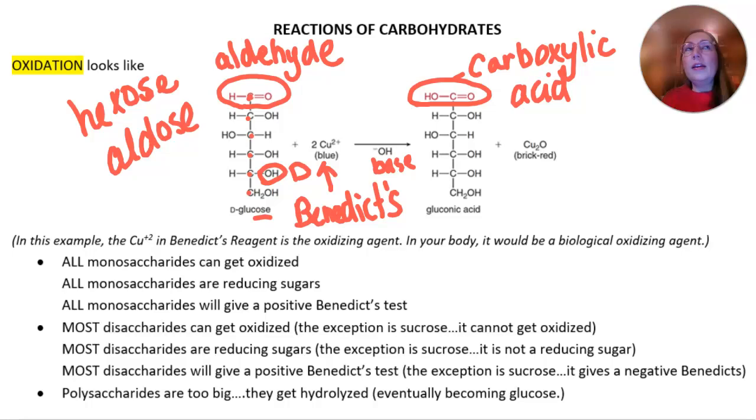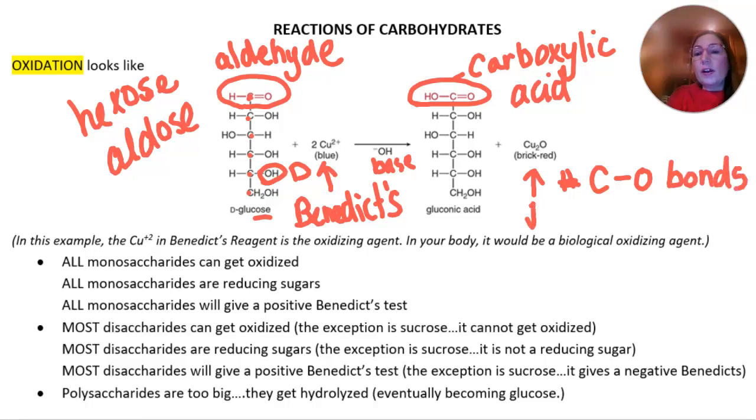And recall that in organic chemistry, oxidation is really about having more bonds to oxygen. So oxidation really looks like increasing our number of C-O bonds. We'll also find that we're decreasing the number of C to H bonds that we have.